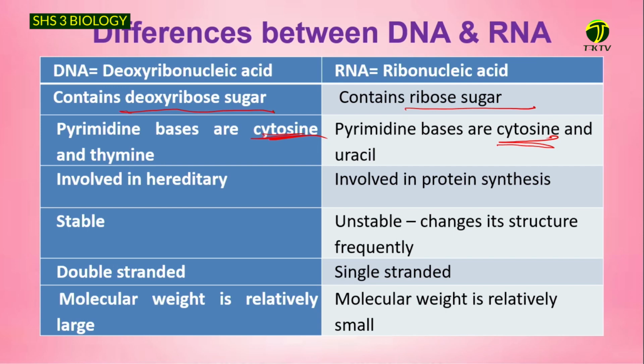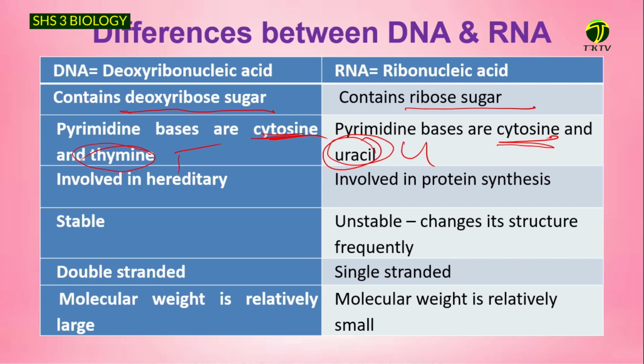So you don't have any problem with that. Cytosine in RNA, cytosine in DNA. But uracil, common to RNA only. Then thymine, common to DNA only. Good. So the difference is uracil here, thymine there, as pyrimidines.